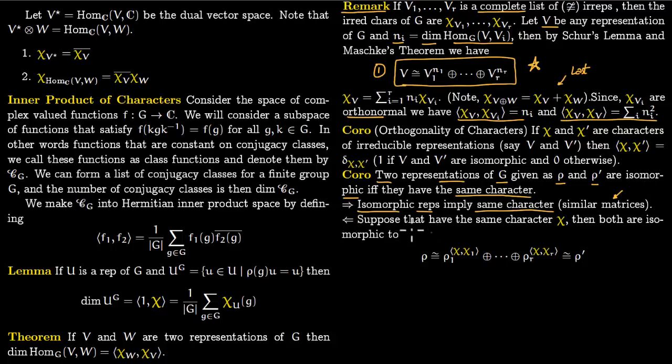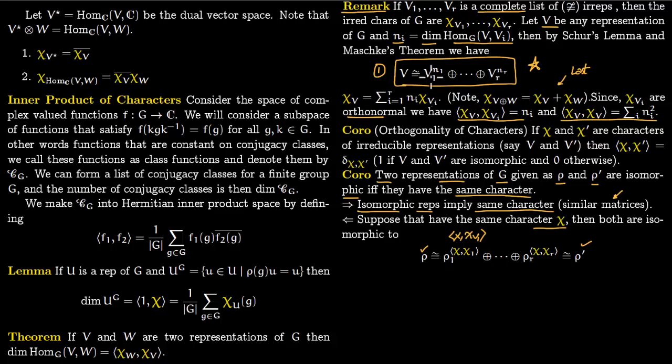Now suppose that we have the same character. Then you can decompose rho and rho prime like this. Instead of v1 we are writing rho 1, and for this ni we are writing chi comma chi 1. Essentially we should write it as chi comma chi v1, but this is easier to write because this is precisely what gives us ni here.